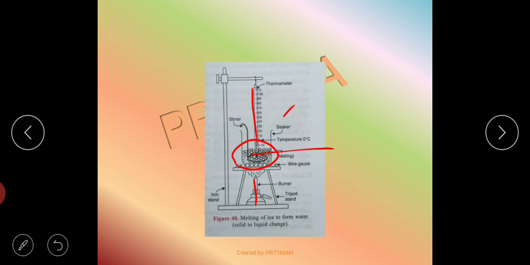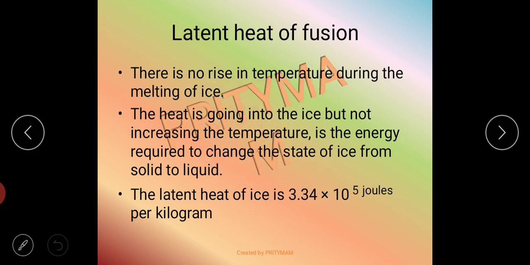The heat which is going into the ice but not increasing the temperature is the energy required to change the state of ice from solid to liquid, and this is known as the latent heat of fusion. There is no rise in the temperature during the melting of the ice.